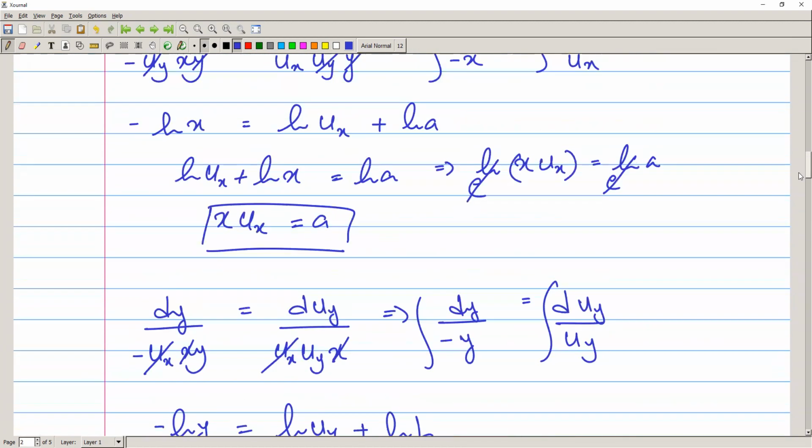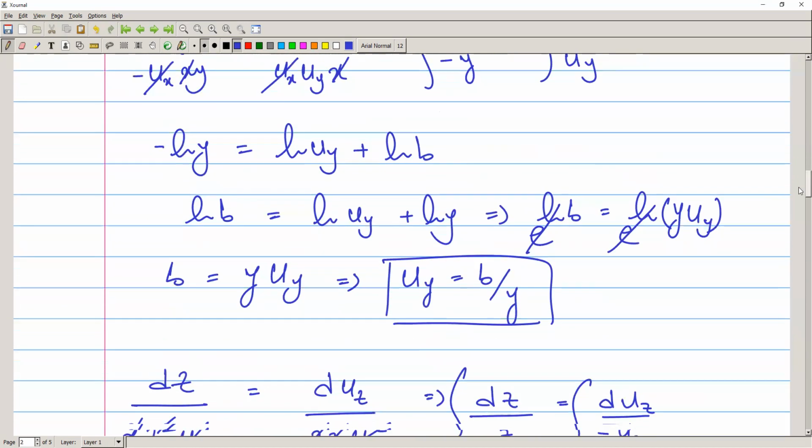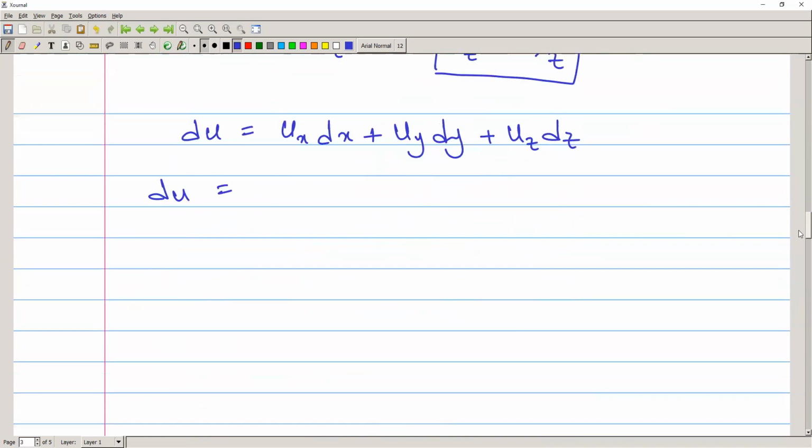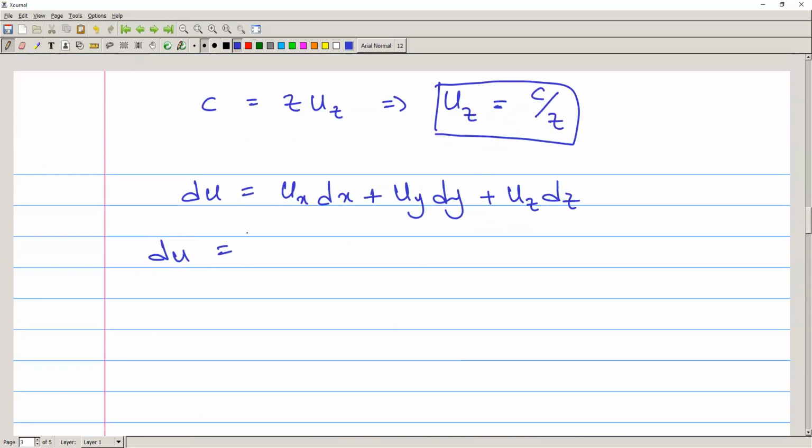What's ux? So ux is equal to, sorry, I forgot to write here. This implies that ux is equal to a over x. So I can write a over x in place of ux and b over y in place of uy and c over z in place of uz. So I will write a over x dx plus b over y dy plus c over z dz.